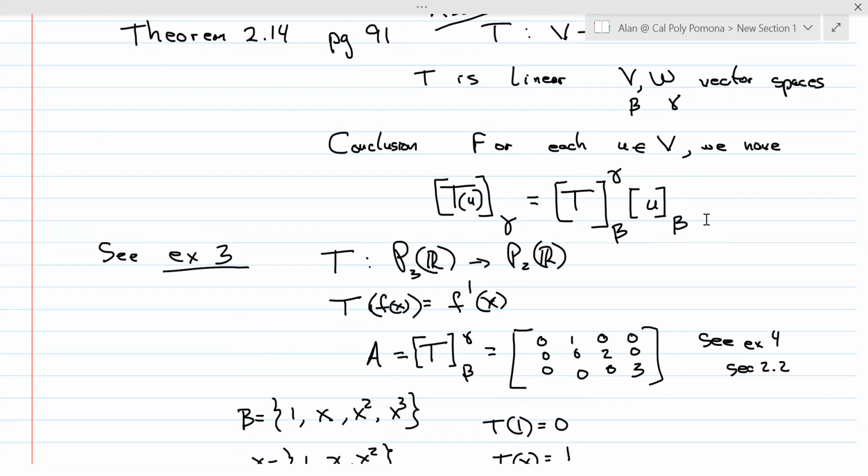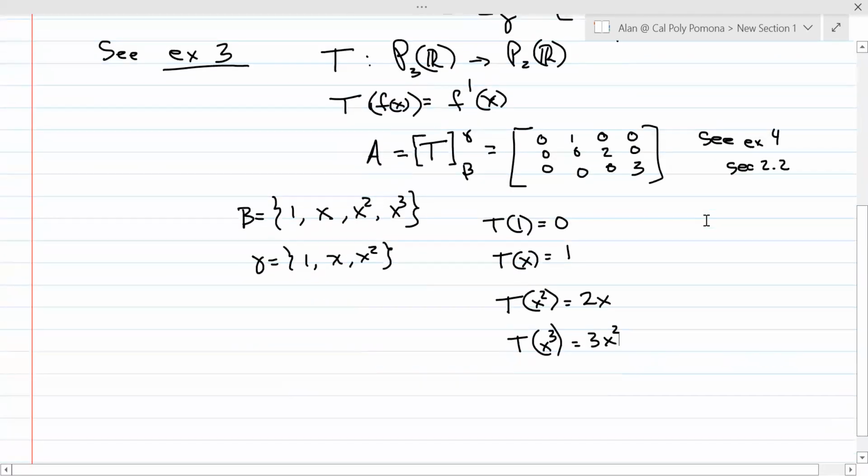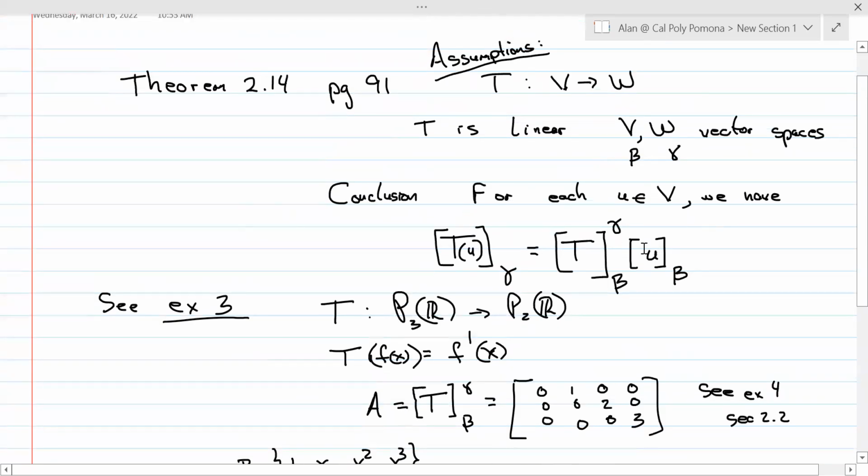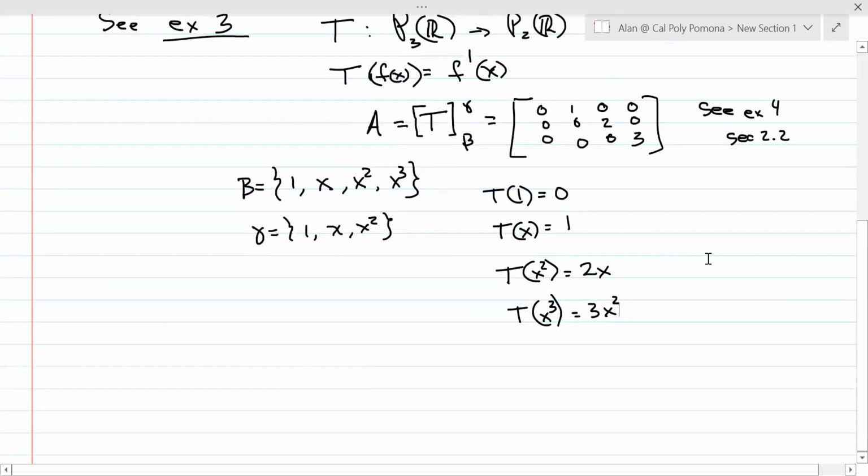So what they're saying is, Theorem 2.14, which is stated above, in this context looks like what? So they rewrite this theorem right here, and they say what that theorem says in this context looks like this.